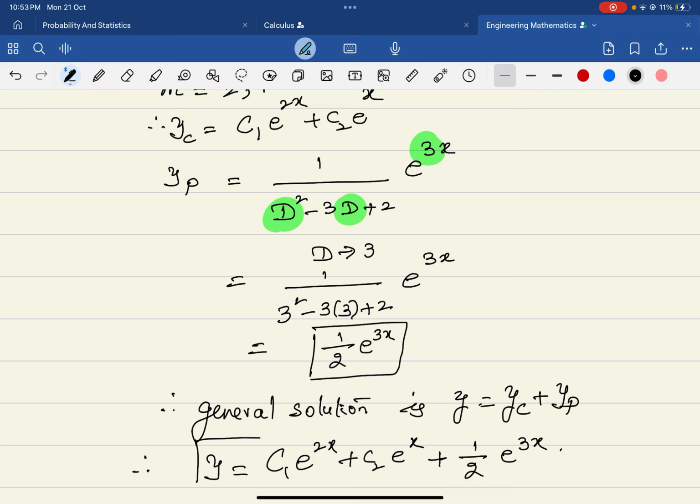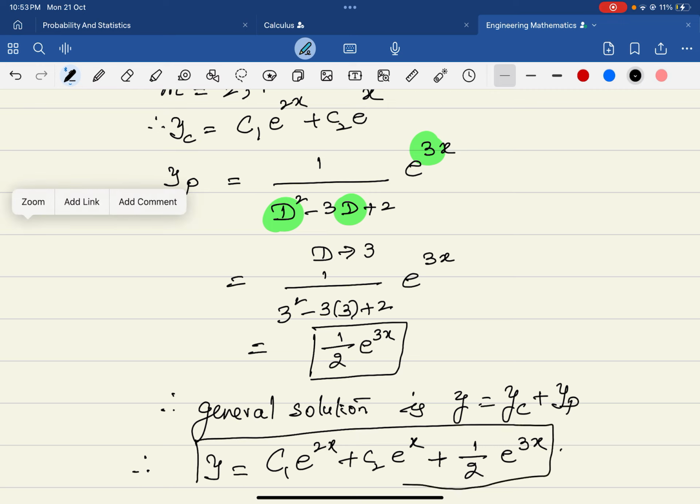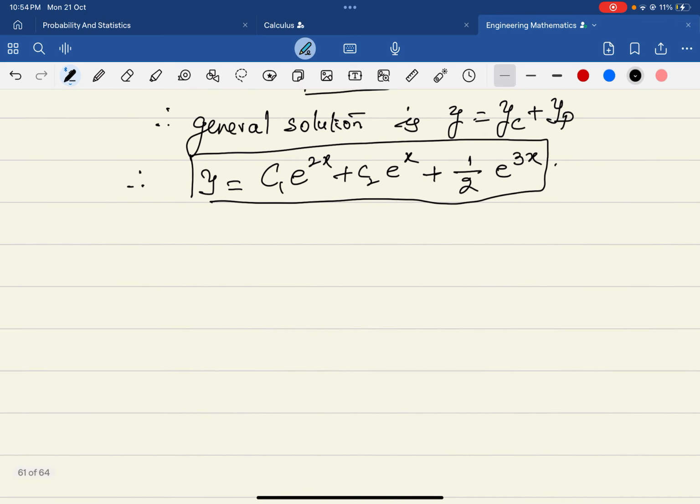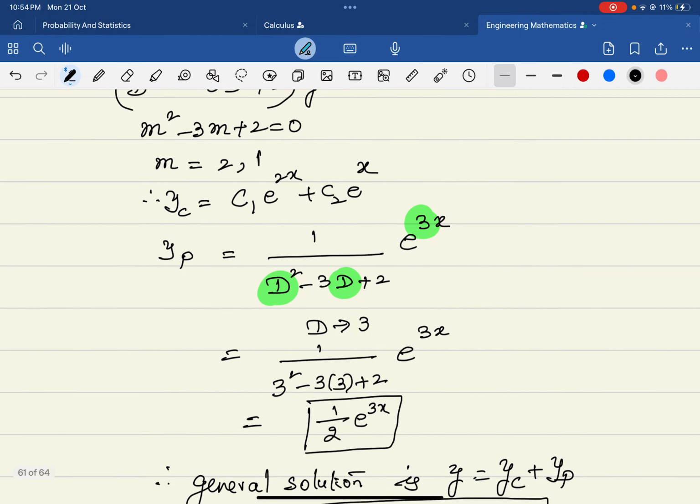So this is what the general solution is, when the complementary function and the particular integral are given. I hope you could understand this. Now let us solve another problem.